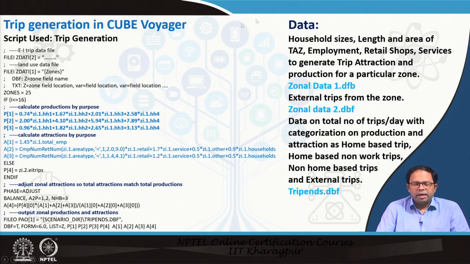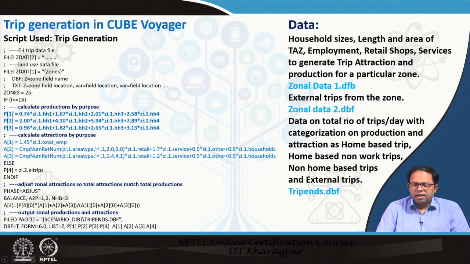As we can see in trip generation, the entry is household data for each zone, which includes household sizes, lengths and area of TAZ, number of employments in TAZ, retail shops in TAZ, and services, to generate trip attraction and production for a particular zone. All these things are listed, and then external trips from the zone are also given in zonal data 1.